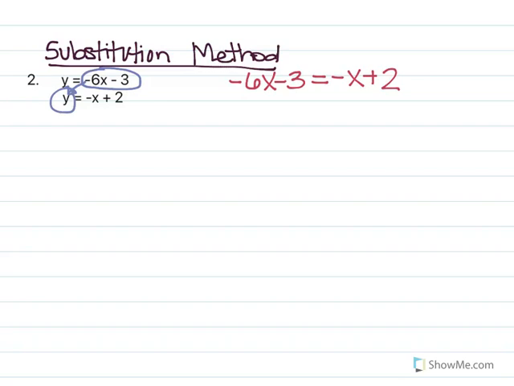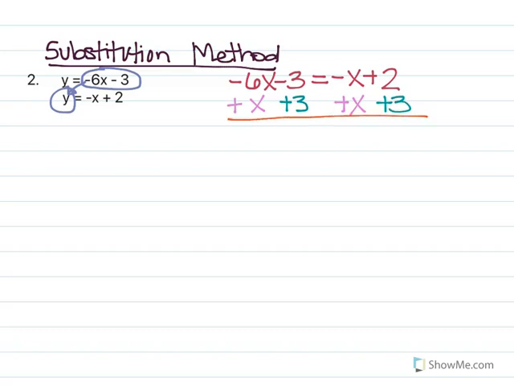So it doesn't matter where you choose to move the x's or the numbers. I know a lot of people like to put the x's always on the left, so we'll just go ahead and do that. So if we want to move the x's left, I'm going to have to add x to both sides. And in the same step, I can move the negative 3 to the right-hand side of the equation by adding it.